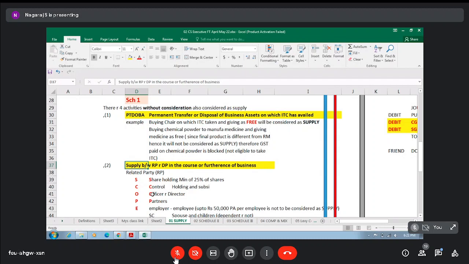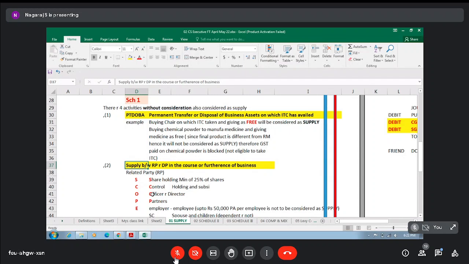E means employer and employee. You will get a question on this. If any employer supplies any goods or services to an employee without consideration, it is treated as a supply.